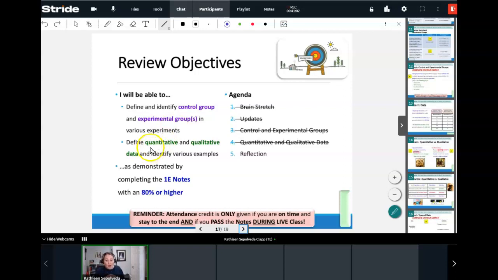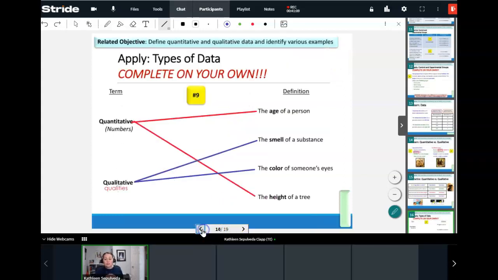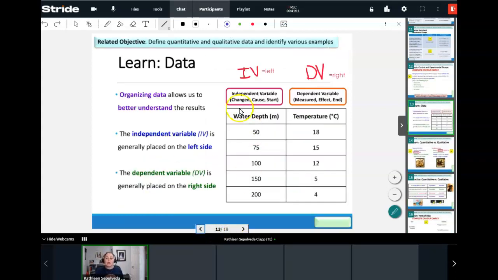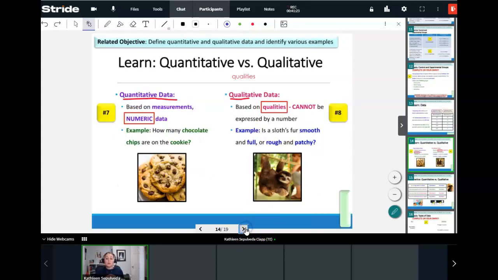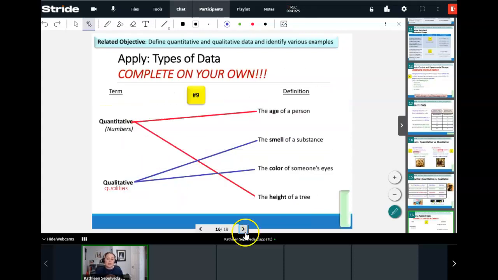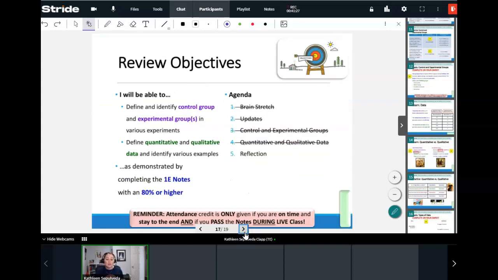We defined quantitative and qualitative data and identified various examples. We also took a look at this graph, and if you didn't understand it quite today, we're going to take a look at it again tomorrow when we talk about graphing, so don't worry, don't panic. What's important as your takeaway today is qualitative and quantitative data and control and experimental groups.